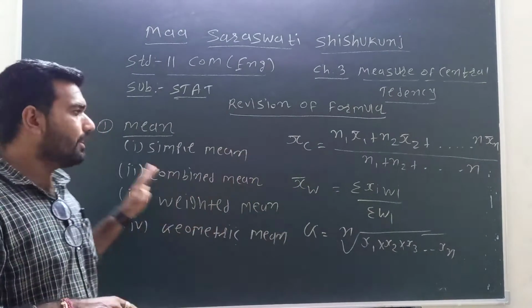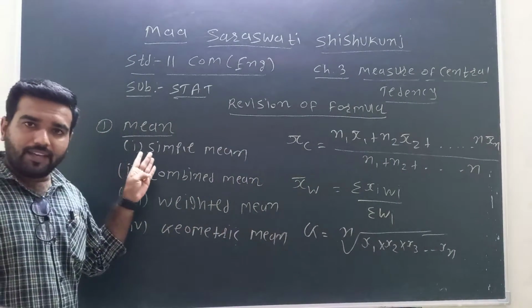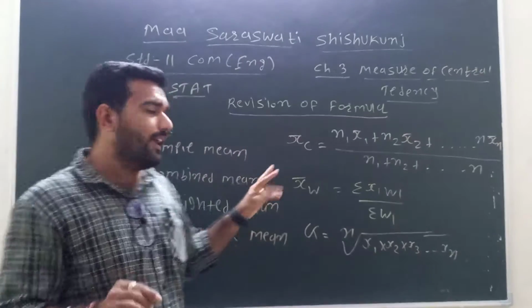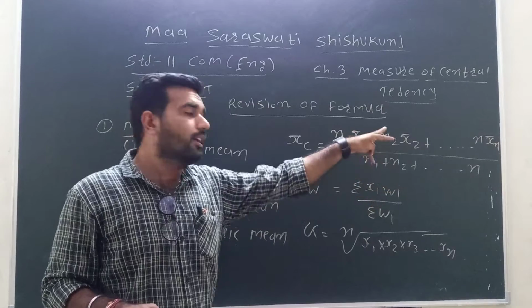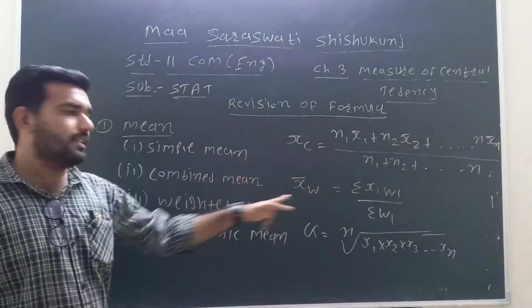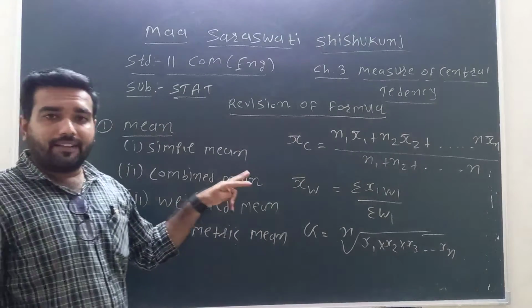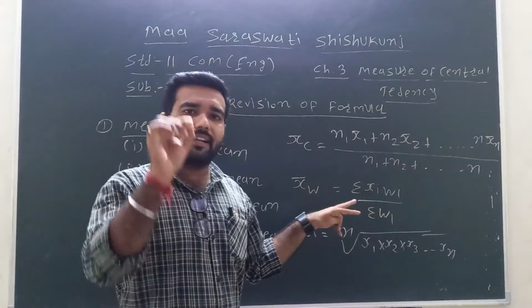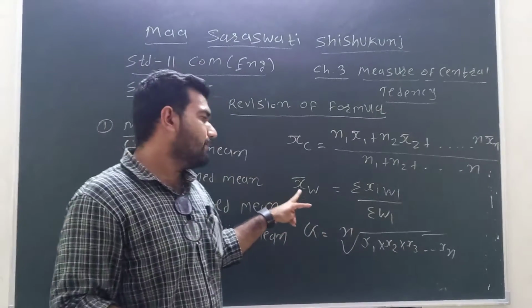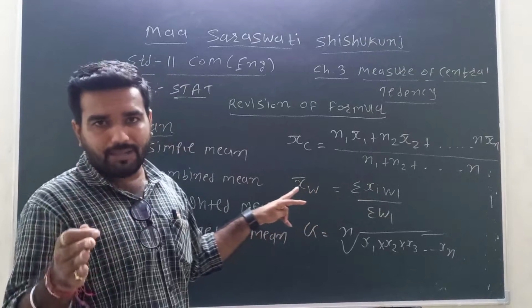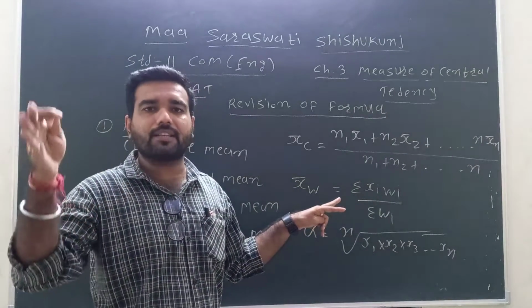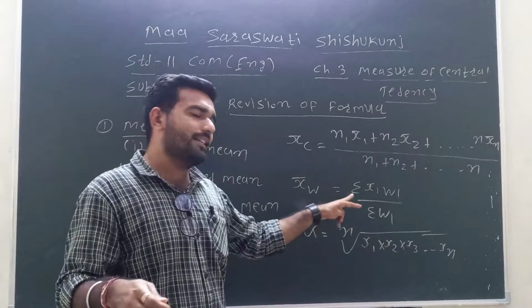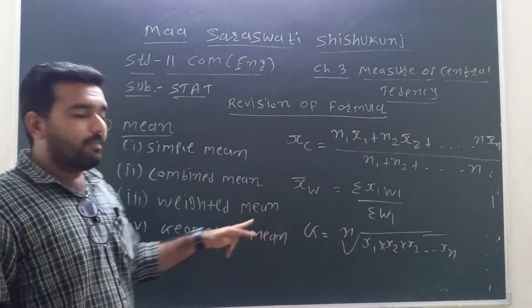Okay, first point, the mean. In that, the simple mean x bar is sigma fi xi upon n, and the combined mean x bar c is equal to n1 x bar 1 plus n2 x bar 2 upon n1 plus n2. Weighted mean: when the weights W are given, it is compulsory to use the weighted mean. So x bar W is equal to sigma xi Wi, where xi and Wi are given and the next column is the multiplication xi Wi, upon sigma Wi.